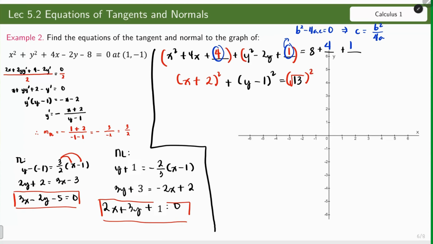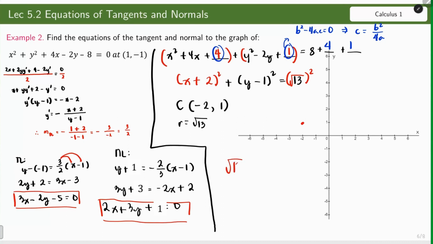Okay, we have here the center of the circle. We have negative 2 comma positive 1, and then the radius is equal to square root of 13. Let's locate negative 2 comma 1 first. So this takes a little bit of patience. Negative 2 comma 1 is here. And then after that, to locate the other points, let's use the square root of 13.